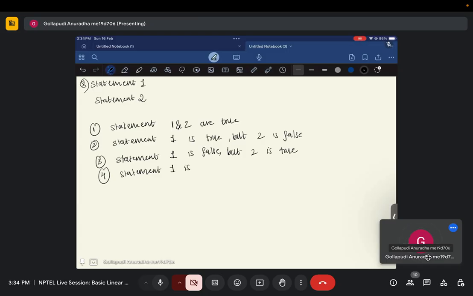Statement 1 is true, and statement 2 also is true, and the reason why statement 2 is true is because statement 1 is also true.